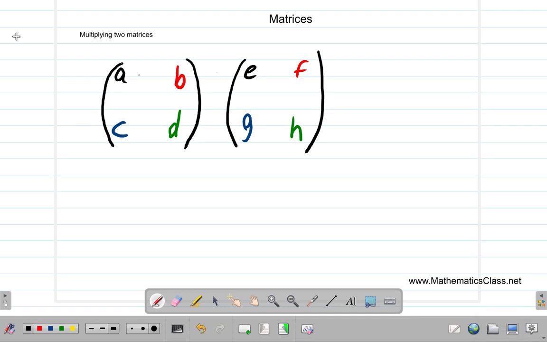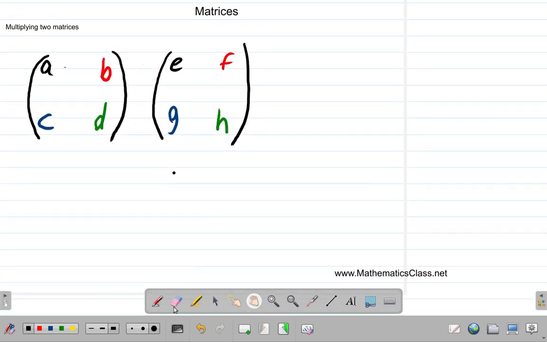So now, when you multiply matrices, you'll have row 1 times column 1. Then row 2 times column 2.